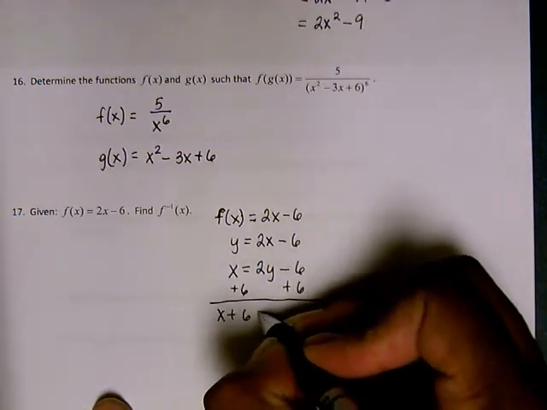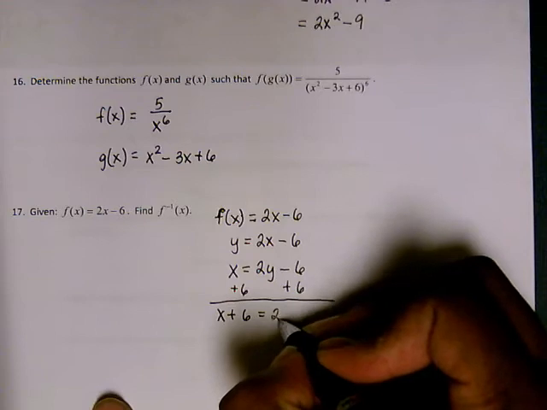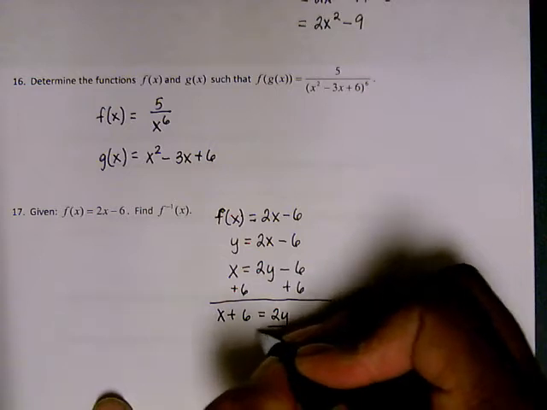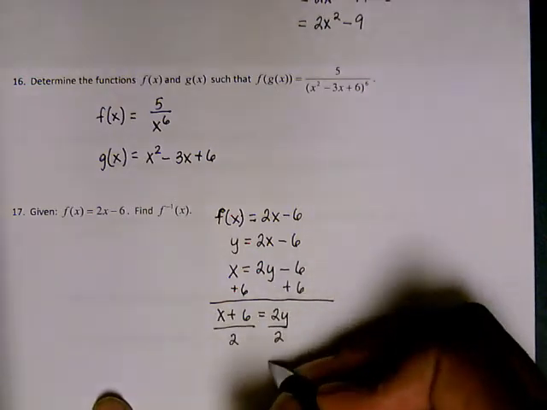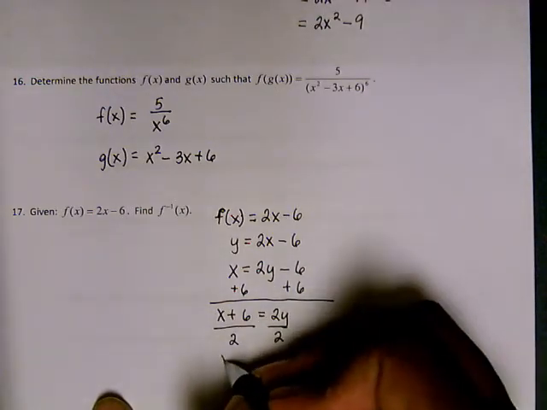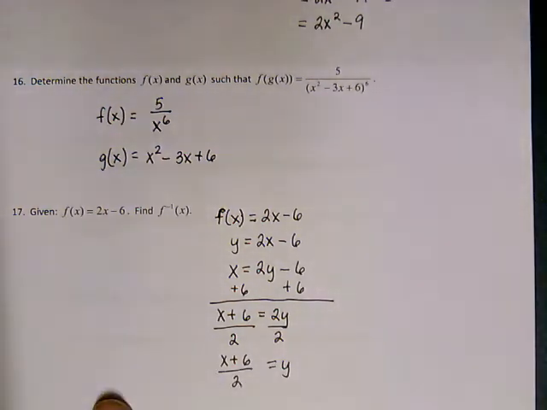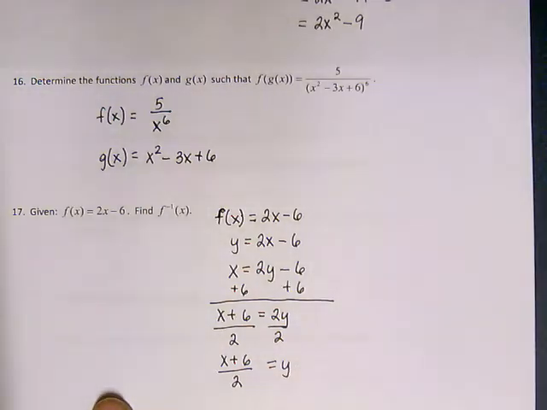So we got x plus 6 equals to 2y. And then to get the y by itself, we're multiplying it by 2. So we need to divide both sides by 2. So that means we got y is equal to x plus 6, and all of that's over 2. The final step would be to replace the y with f inverse.